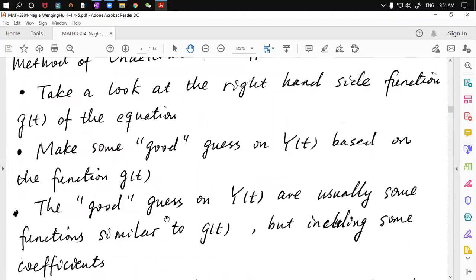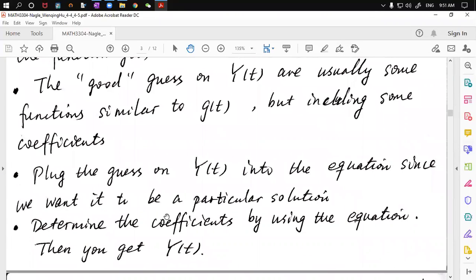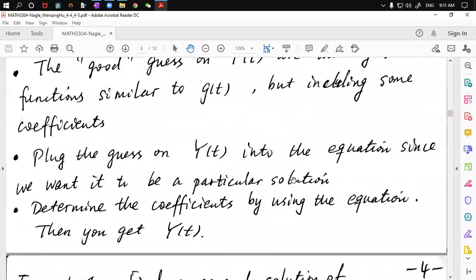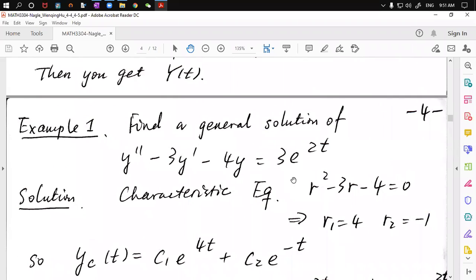That's the philosophical idea of the so-called method of undetermined coefficients. I will leave it to the next lecture to talk about some examples of how the method of undetermined coefficients is applied.